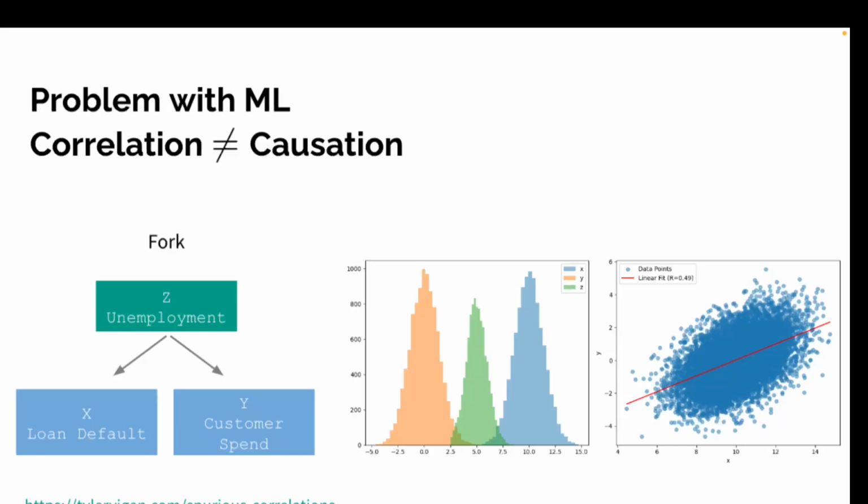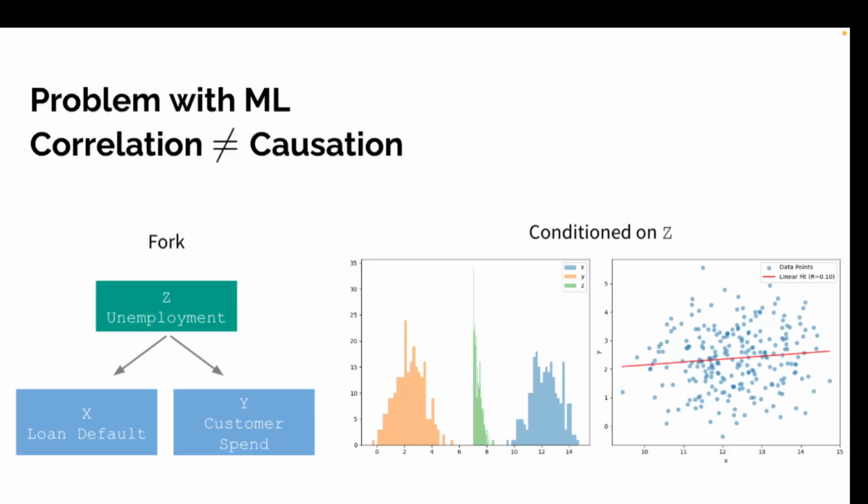So the only scenario when you see the true picture in this specific case is if you condition x and y on z. Then the correlation, as you can see, is almost gone. So if you pick a specific value of z and then measure x and y, whatever variables they are, then you won't see any correlation between them.